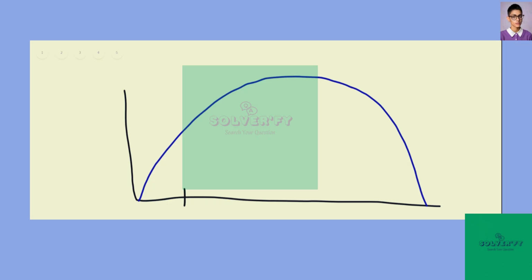So, let's say we have some rectangle, and we're taking the midpoint value right here and extending it from that x value to that x value.